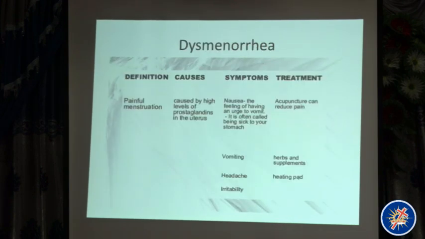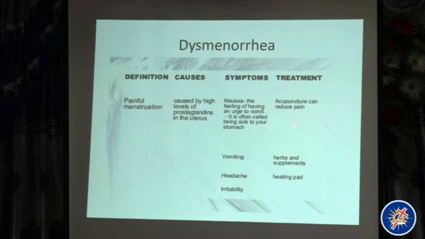Now, this dysmenorrhea, the definition is painful menstruation. What are the causes? It is caused by high levels of prostaglandins in the uterus. And the symptoms you experience are nausea, a feeling or urge to vomit, often called being sick to your stomach.